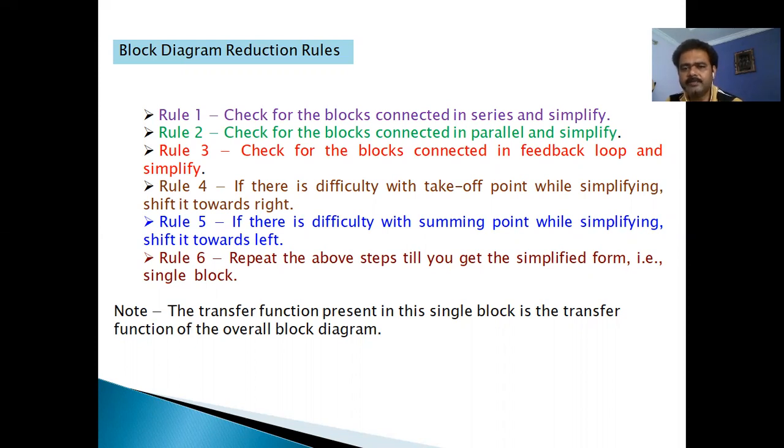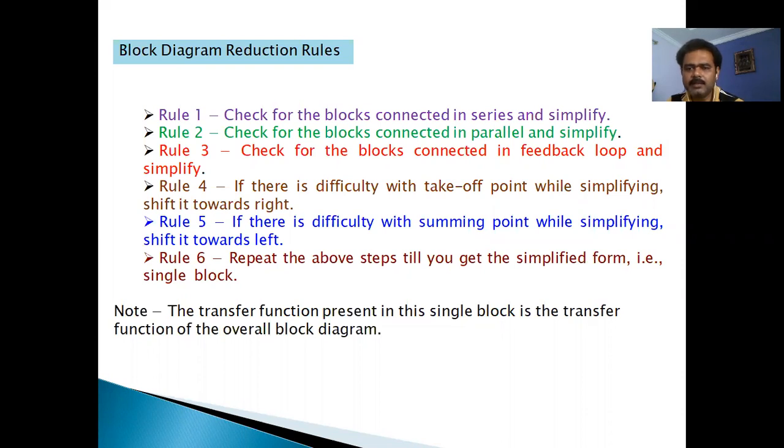If there is a takeoff point in between two blocks, how do we simplify that? The first step is moving the takeoff point after a block, so that we can add those two blocks.